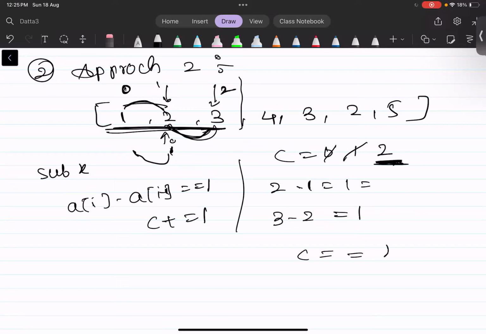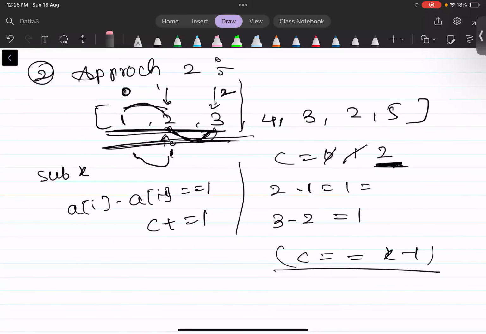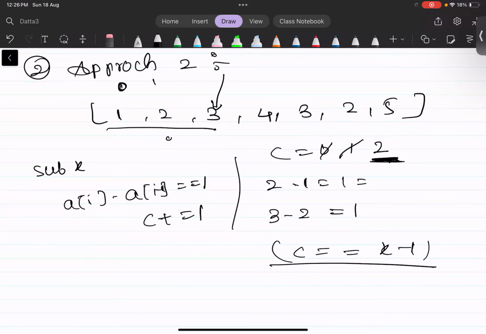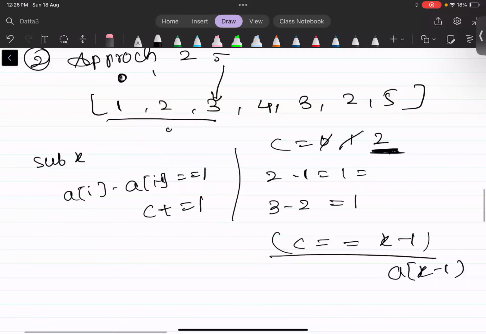If C becomes k minus 1, then this subarray is increasing and sorted. In that case, the power of this subarray will be the maximum element, which is 3. So I am going to add a of k minus 1 to the answer. Else, I am going to add minus 1 as the power into my answer array.